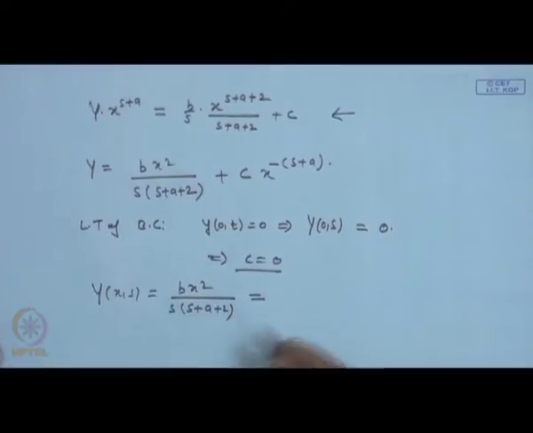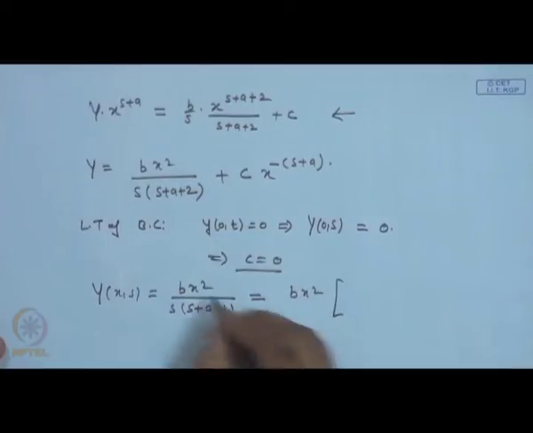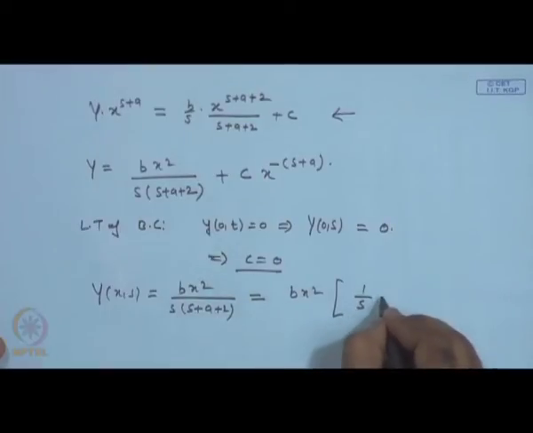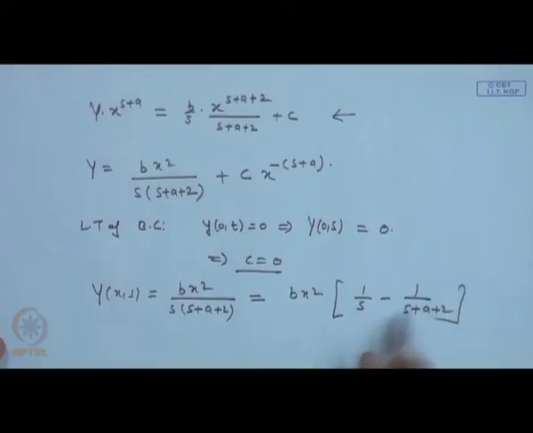and this we need again the partial fraction. So, we have b x square, and for these two terms we have 1 over s, and here s plus a plus 2. So, let us see what we get, s plus a plus 2 minus s. So, we get a plus 2 extra there, so we have a plus 2, we have to divide.